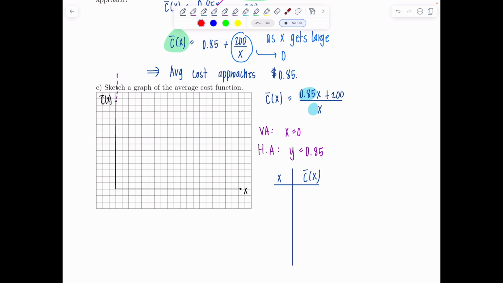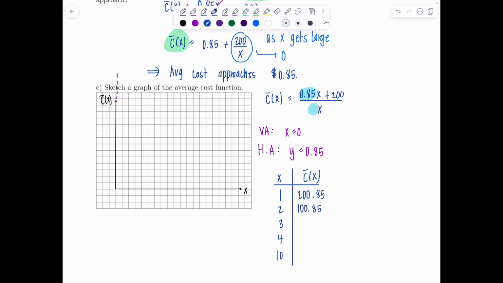Let me pick different values of x, though, to get things started. We could do 1, 2, 3, 4, then maybe we'll jump to 10, okay? So you can just punch everything in your calculator. This first one we can do in our head, though. If x is 1, average cost is $200.85. If x is 2, let's double check, plus 200 divided by 2, average cost is, yes, $100.85.